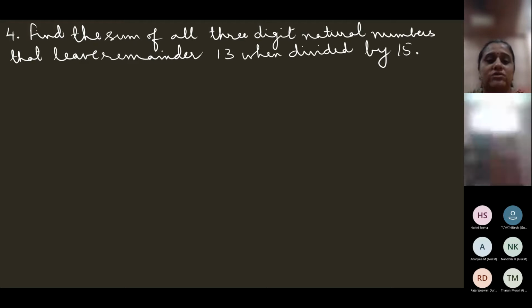Find the sum of all 3-digit natural numbers that leave remainder 13 when divided by 15.